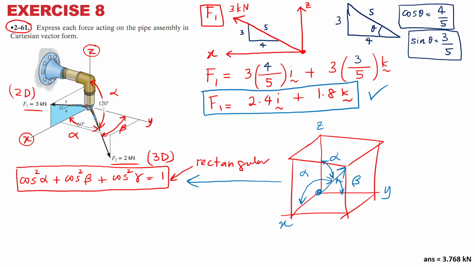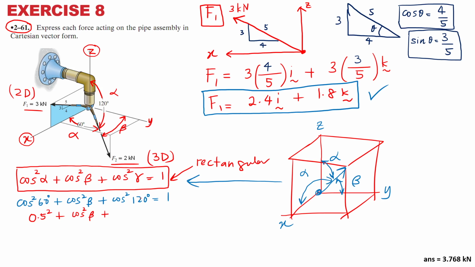So alpha we know, so write down cos squared 60 degrees. Cos squared beta you don't know. Cos squared gamma 120 degrees equals 1. Let's write down cos 60, 0.5. So write down 0.5 squared. This one we don't know.